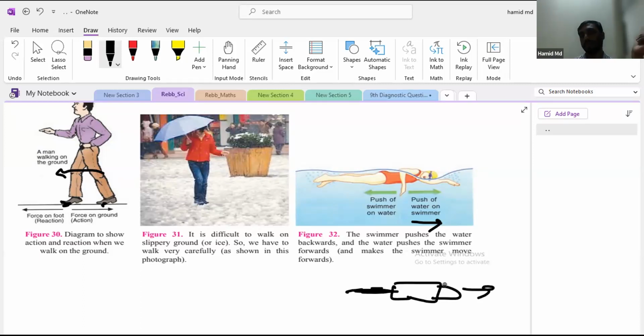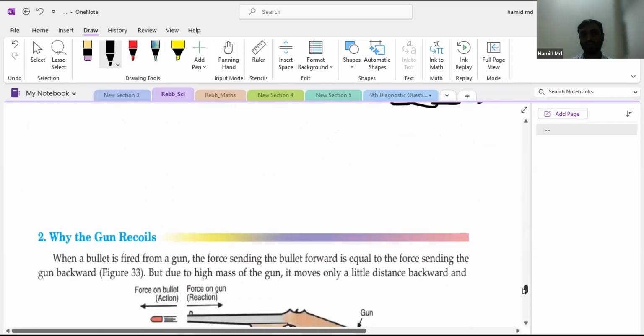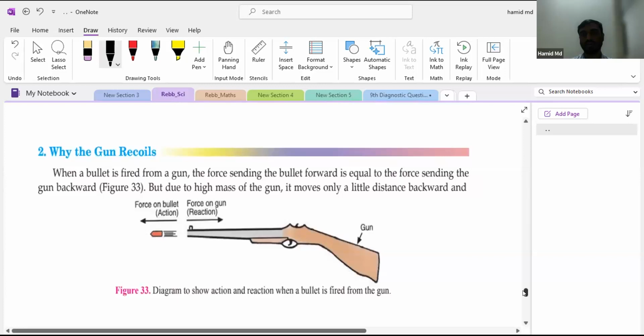So do you have any idea of the third law now, how it works and what it is? So with the definition and these ideas, this is a gun. When the bullet is fired, it moves with some force.